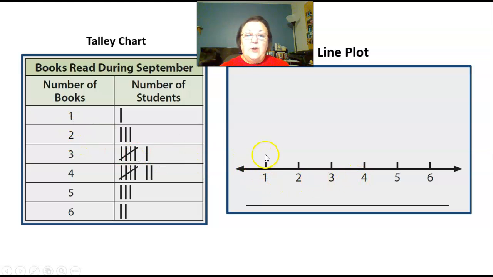So above number 1, we would just put an X, 1 X. Above number 2, 3 X's. Above number 3, we would put 6 X's to represent 6 books. 4, there would be 7 X's. 5, there would be 3 X's, and then 2 X's. You can also refer back to your packet for the birthday tally chart and line chart that we did in class.